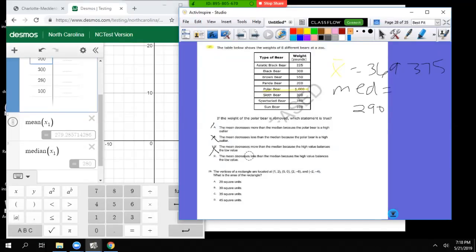Again, we know that the mean didn't decrease less. In fact, the mean decreased by something like 90, whereas the median decreased by only 10, so that doesn't even make sense. And again, we're not using sound mathematical arguments because we're not talking about values balancing. So the only choice that works for us is A.